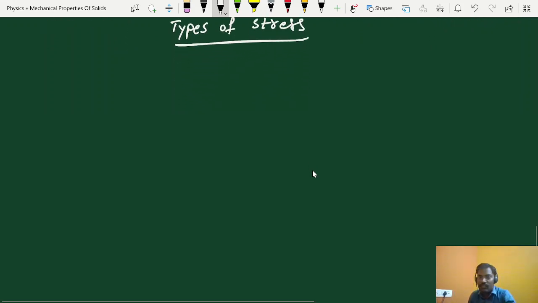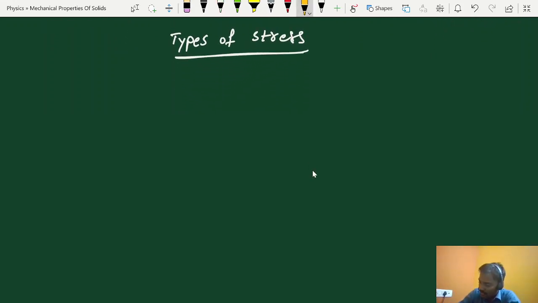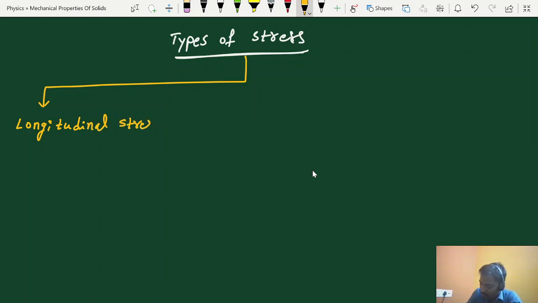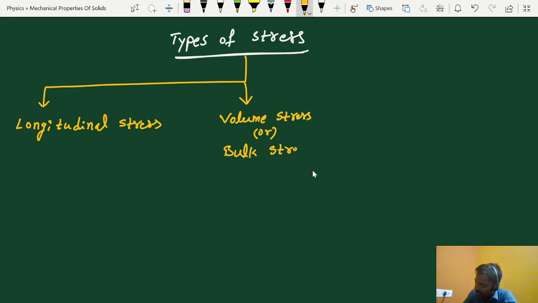So basically we have three different types of stress, out of which the first one is longitudinal stress, the second one is volume stress, also known as bulk stress. The third category is shear stress.